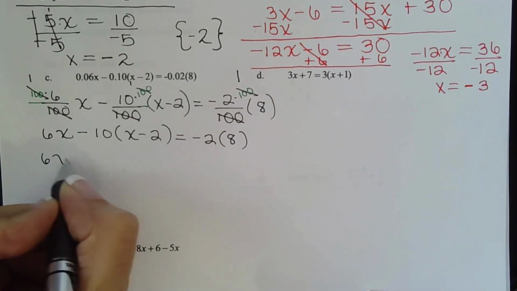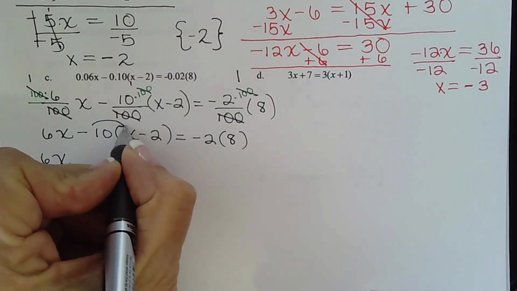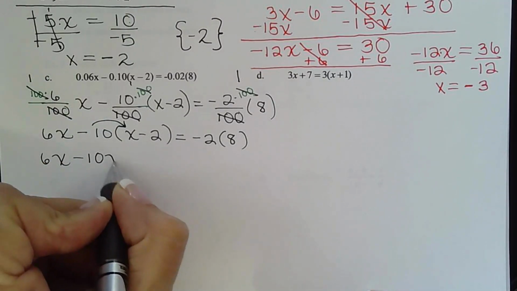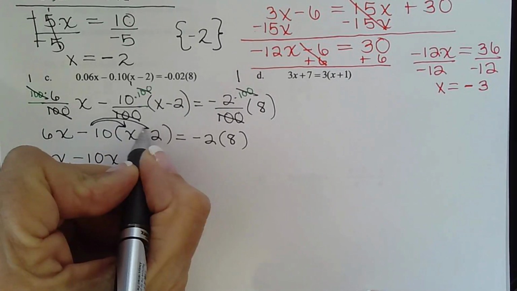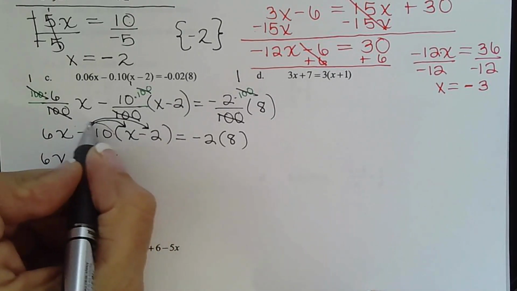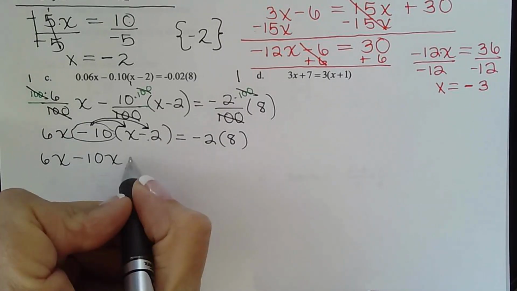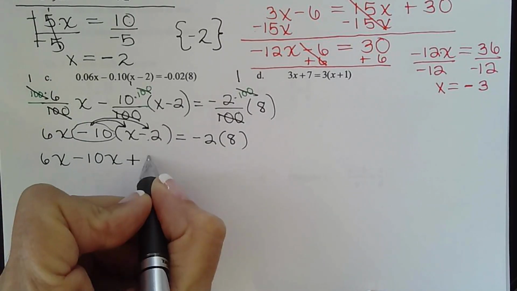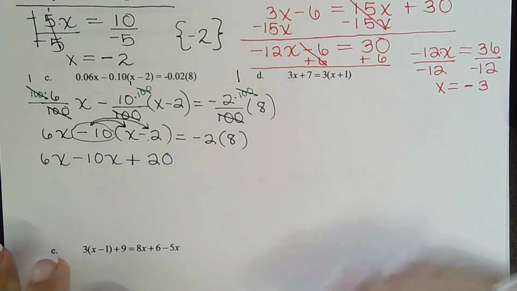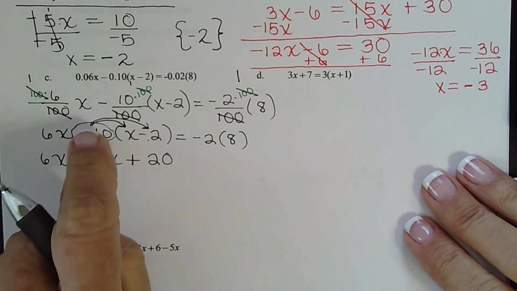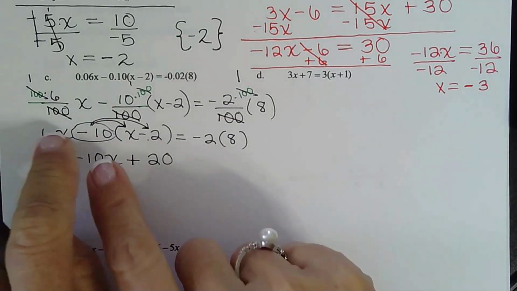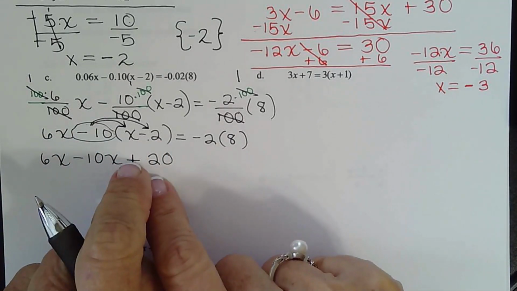So 6x minus 10x. And here's where you need to be careful. Negative 10 times negative 2 is positive 20. That's another huge danger zone, is when students are distributing, they forget to make 2 negatives a positive.